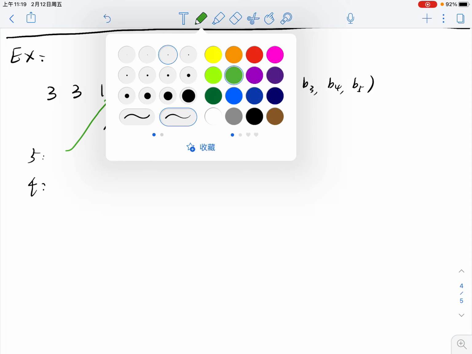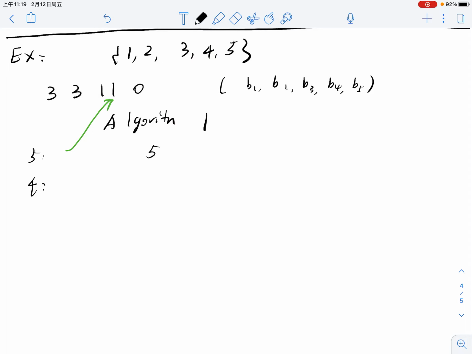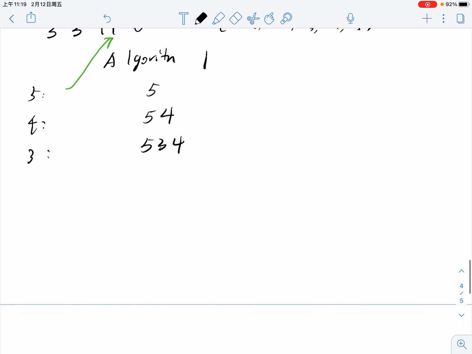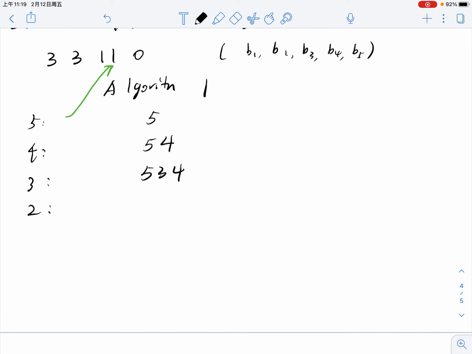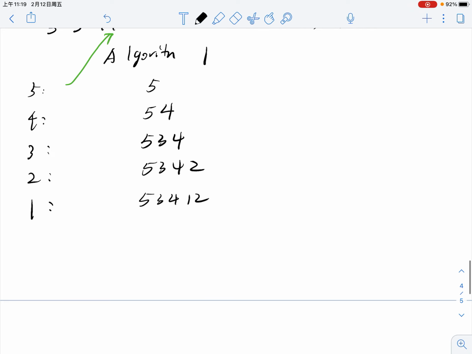Since B4 is 1, you should put 4 behind 5. And then for 3, because B3 is 1, you should put 3 in between the first 2 numbers in step 4. So 5, 3, 4. And for 2, because it's 3, you should put it after all 3 numbers. And in the last step, you should put 1 in between 4 and 2. So this is algorithm 1.